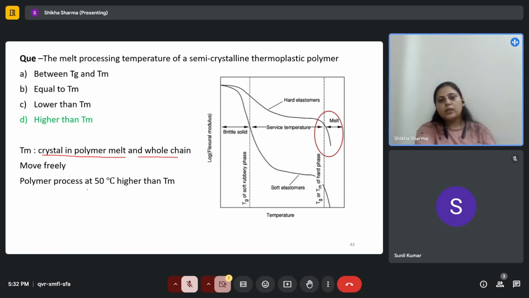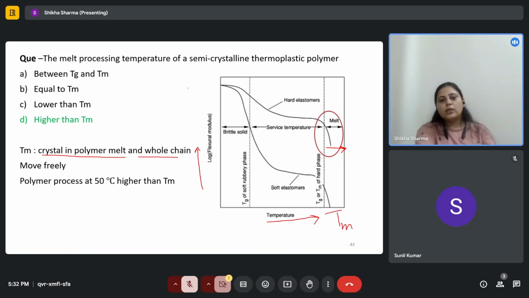If we see the graph where the x-axis is temperature and the y-axis is modulus, then after this Tm value, this is the region where the polymer starts to flow or melt.